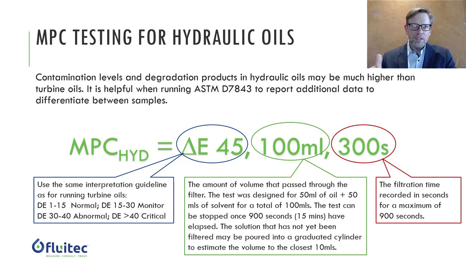If it takes 30 seconds or 15 minutes, clearly there's a difference between those two samples. One other thing that we have found that can be very important is actually weighing the patch before and after, and the gravimetric analysis of that patch can also provide some really, really good information on the condition of the fluid.